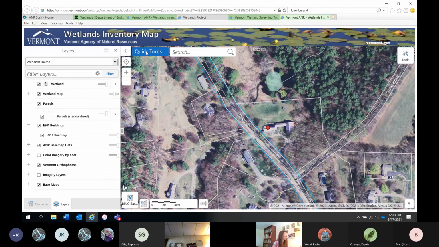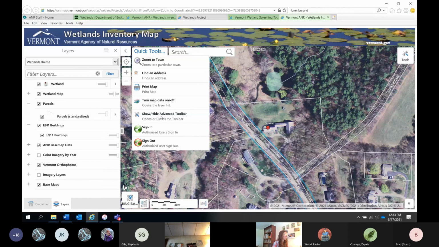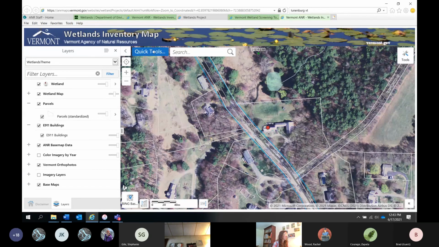One of the things that you can do with these is click on this project star and get some more information.